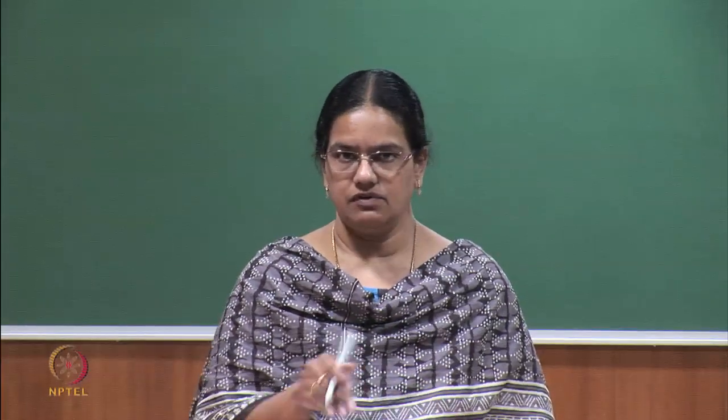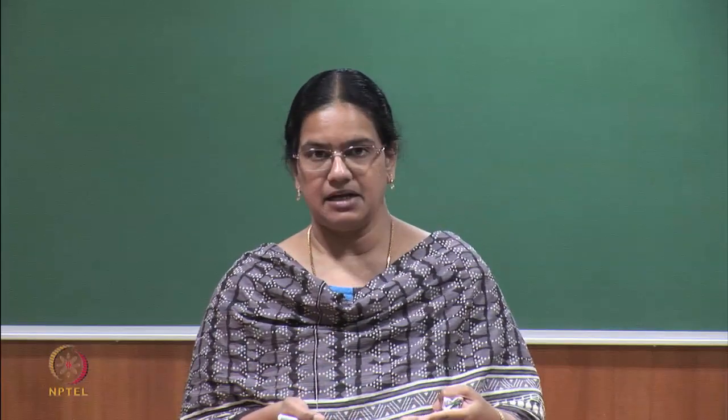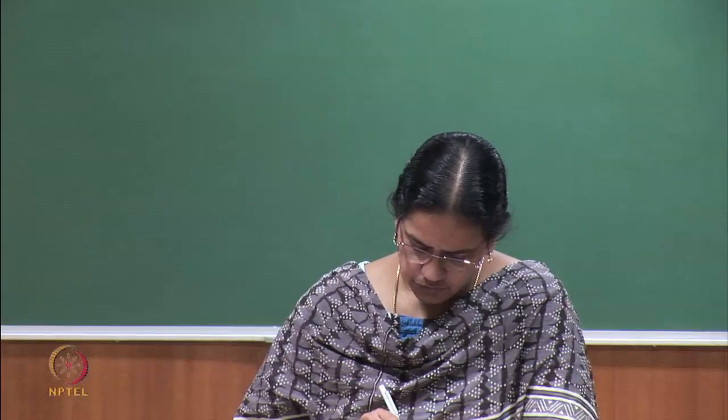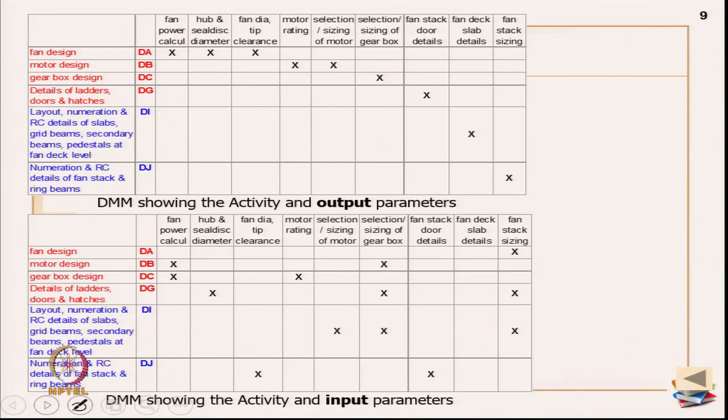That is the main purpose behind this, and the logical way of doing this I will show you right now. Manually also you can do it. You make this a binary matrix and multiply the 2 matrices, and you will obviously get another matrix. Okay. So, for example, let me read through. Fan design: this is for output parameters and this is for input parameters.